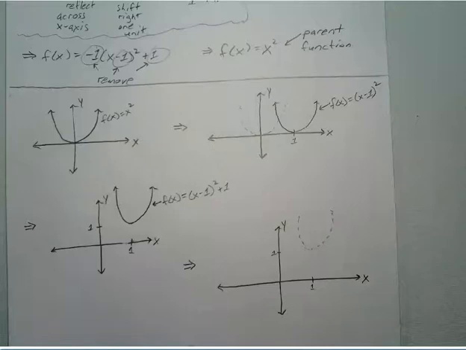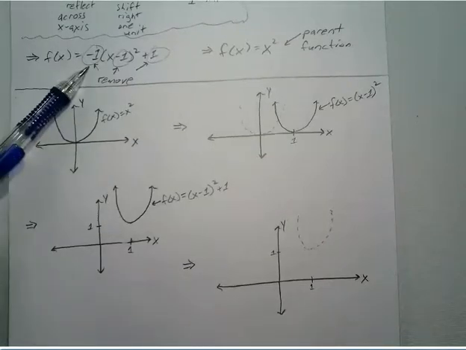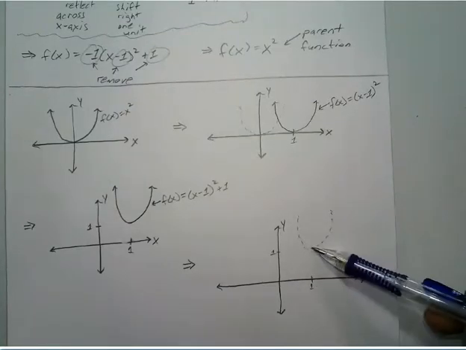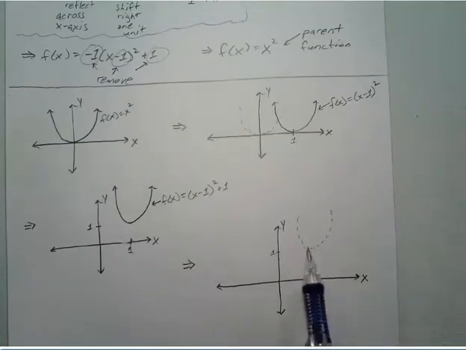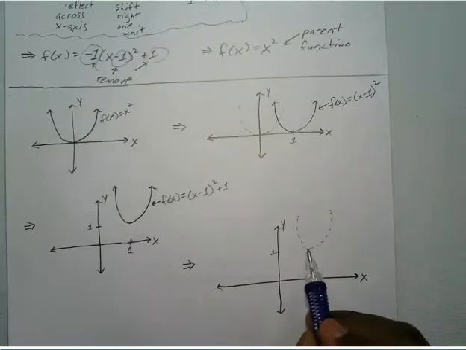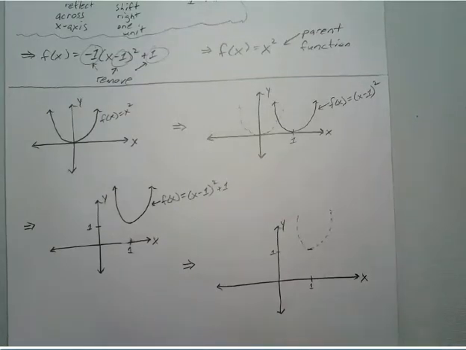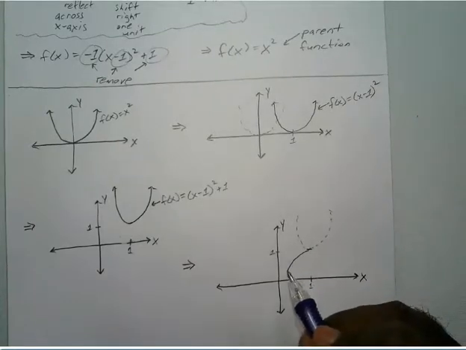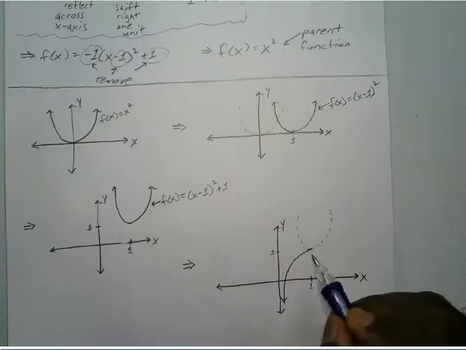Now, since that negative 1 is on the outside of our parent function, we're just going to flip it across the x-axis. But since we shifted it upwards, we're not shifting across the x-axis. We're shifting right where the vertex of the graph is. So we're just going to get that graph, and we're going to shift it like that.